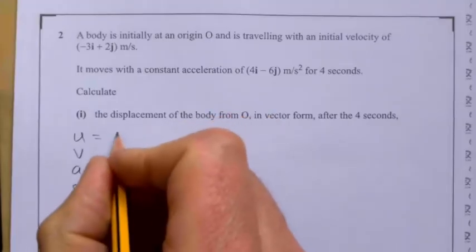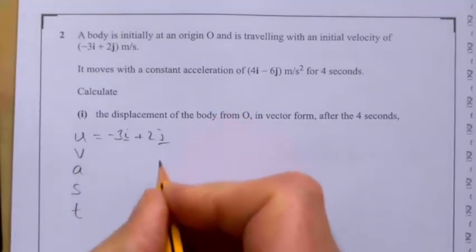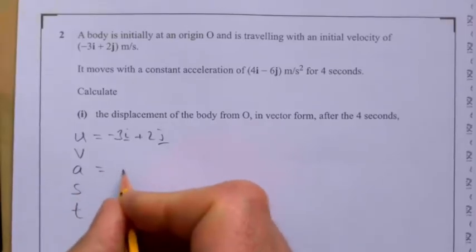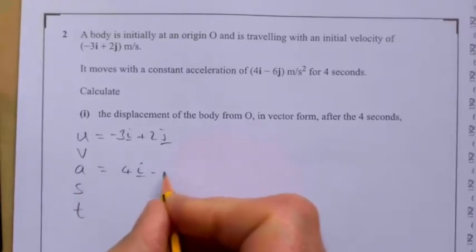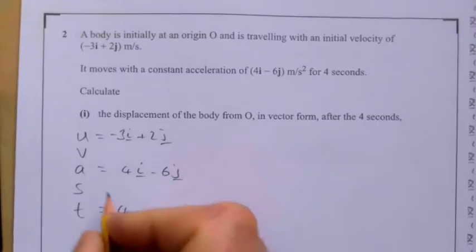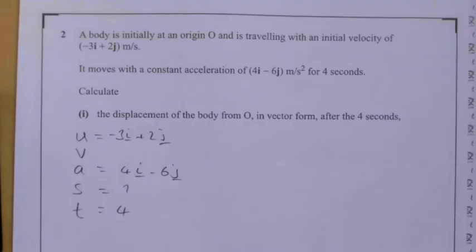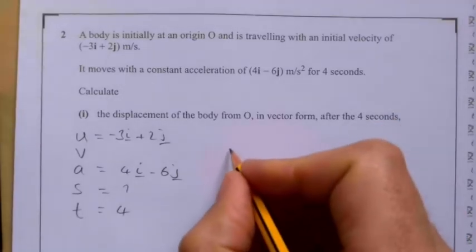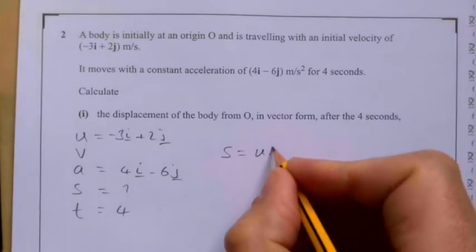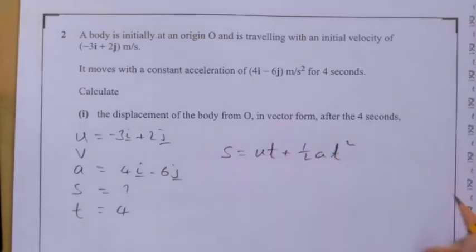Initial velocity is minus 3i plus 2j. Our acceleration is 4i minus 6j. Our time is 4 seconds, and they want to know where it is, so that then would be our displacement. So we would use s equals ut plus a half at squared.